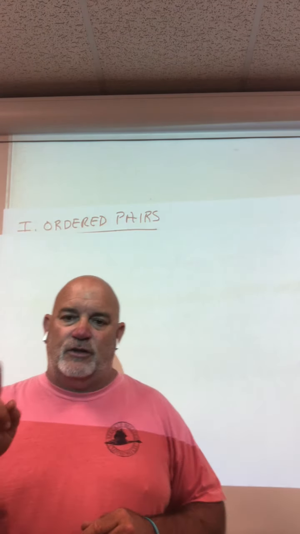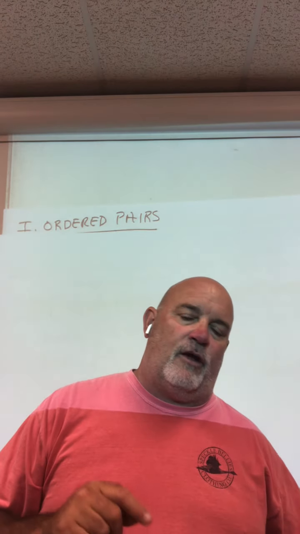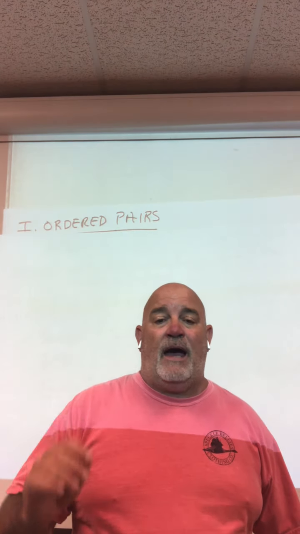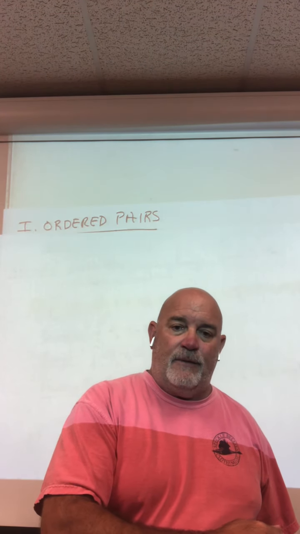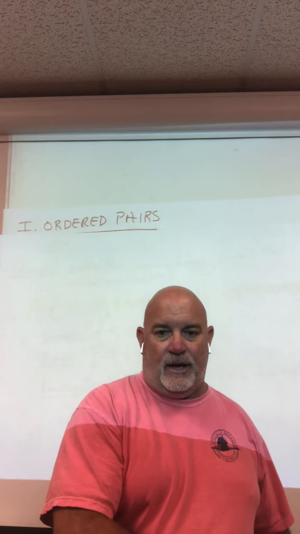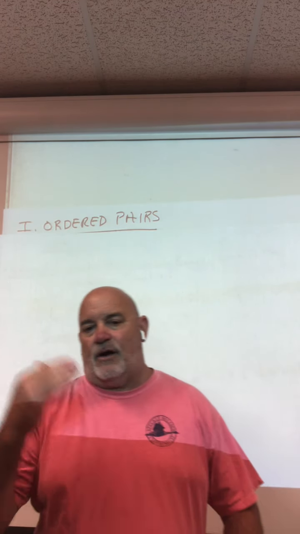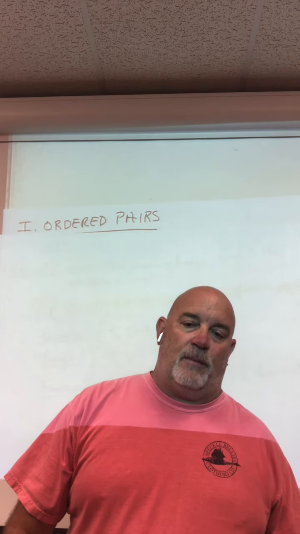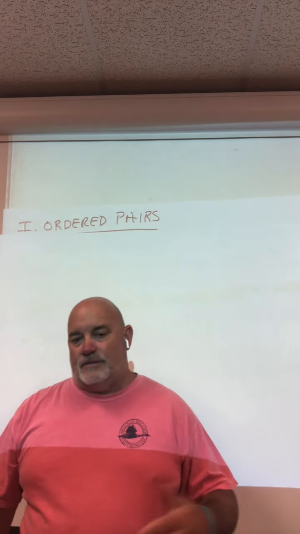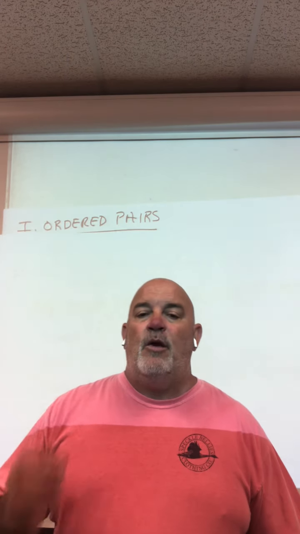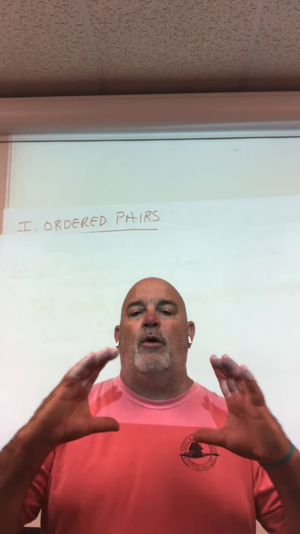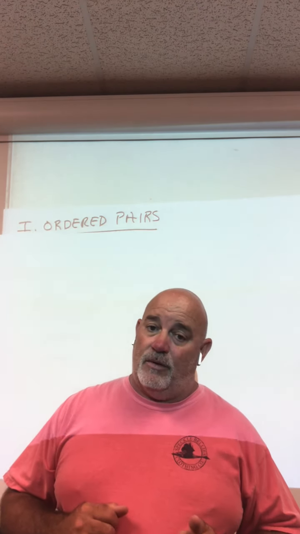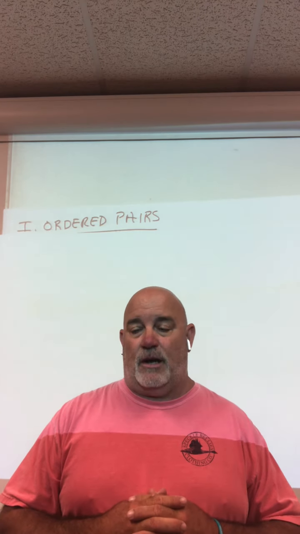Whatever that first number is, it can never be paired with any other y value. Now, if you have (8, 3) and (10, 3), that's okay, because 8 is paired with one number, 3, and 10 is paired with one number, 3. That's okay. So basically, this is what you need to know. With a function, no two ordered pairs can have the same first number. They can have the same second number, but they cannot have the same first number.